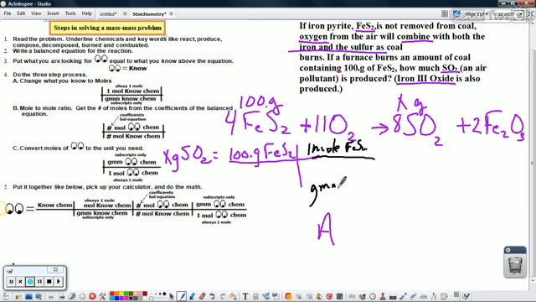Where do I get the GMM? The periodic table. For the time being, we're not going to go to the trouble of looking it up and rounding it off to the nearest hundredths, because your sample problems didn't do that. I'm just going to put 120 with a decimal after it so my significant figures will come out, grams of FeS2.